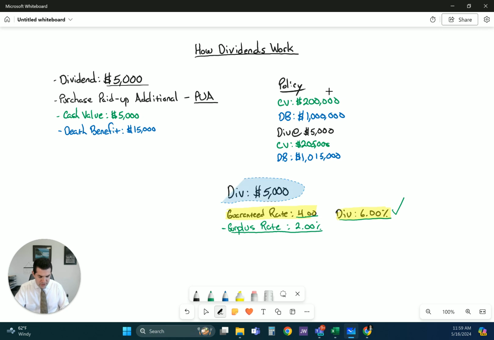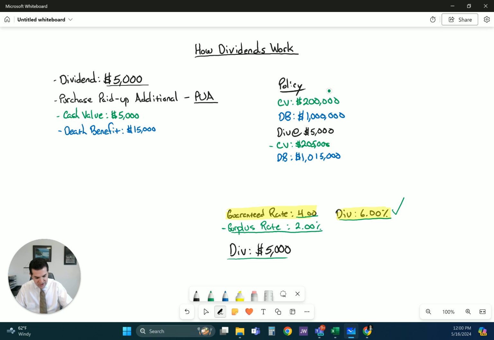And the surplus rate represents the dividend that you see on your annual statement. I know it's extremely confusing. I'm not a fan of it because when I see a dividend rate from an insurance company, I naturally think that the dividend, when I see the word dividend on my annual statement, that represents the dividend rate. It does not, unfortunately.